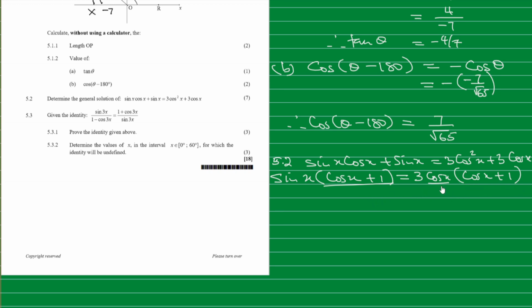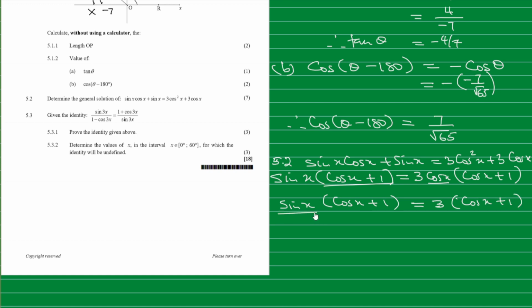So first of all, let's bring this cos x to that side. So I'm going to have sine x into cos x plus 1 will be equal to, now this cos x is divided, so I'm going to have a 3 by cos x plus 1.